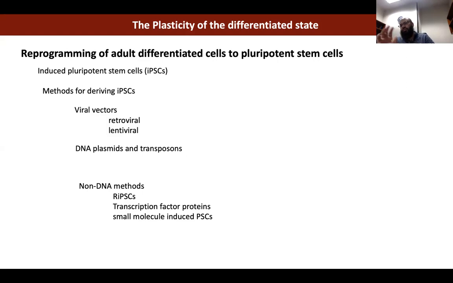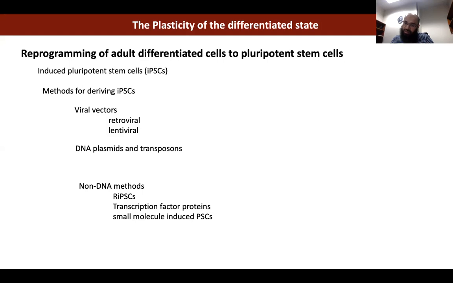So to sum up, induced pluripotent stem cells can be generated by introducing 4 transcription factors that, when expressed, de-differentiate the cells, and then their expression turns off, and they induce the expression of developmental genes. In this way, you can convert any adult cell into a pluripotent stem cell.